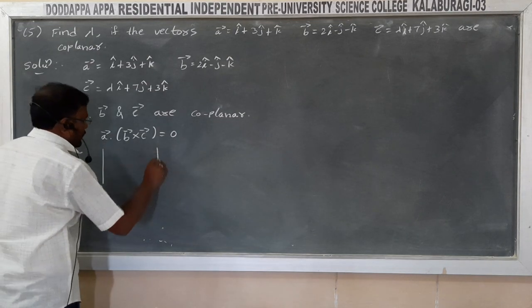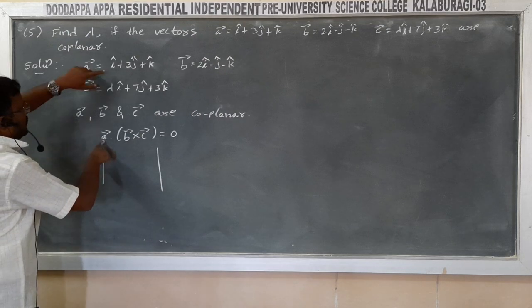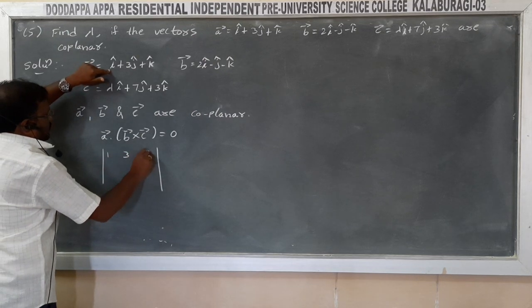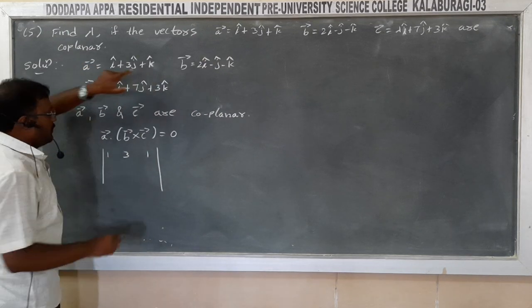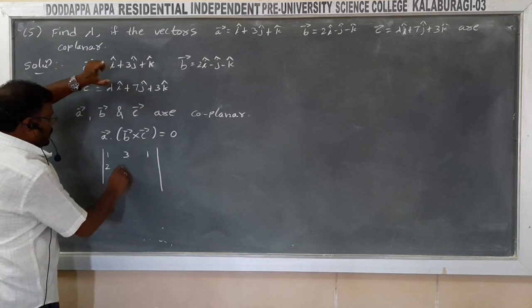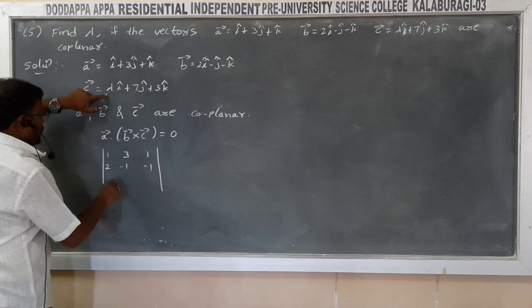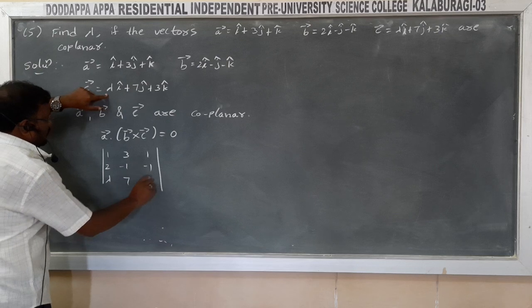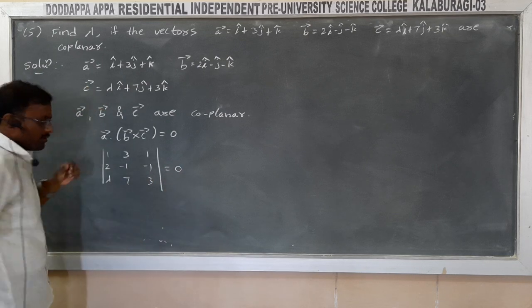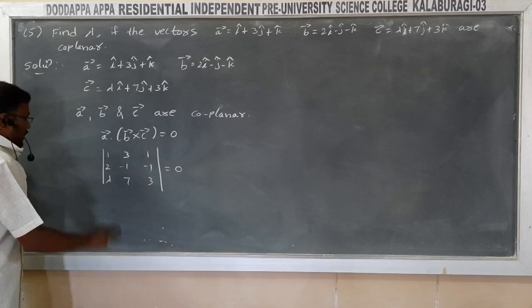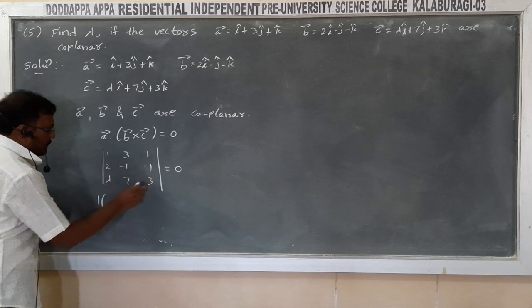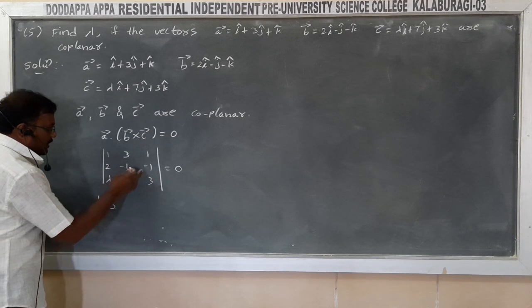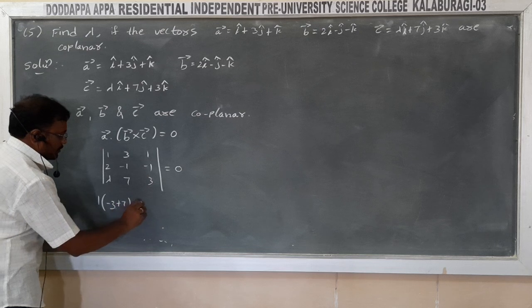So how to find out this one? By using determinant. Vector A value is 1, 3, 1. Here vector B value is 2 minus 1 minus 1. Here lambda 7, 3 equal to 0. Now you can expand. Minus 1 into 3 is minus 3. This one is plus 7.